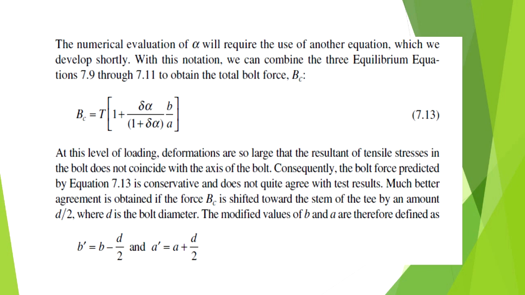Consequently, the bolt force predicted by equation 7.13 is conservative and does not quite agree with the test results. Much better agreement is obtained if the force B_C is shifted toward the stem of the T by an amount d over 2, where d is the bolt diameter. The modified values of b and a are therefore defined as b prime is equal to b minus d over 2 and a prime is equal to a plus d over 2.